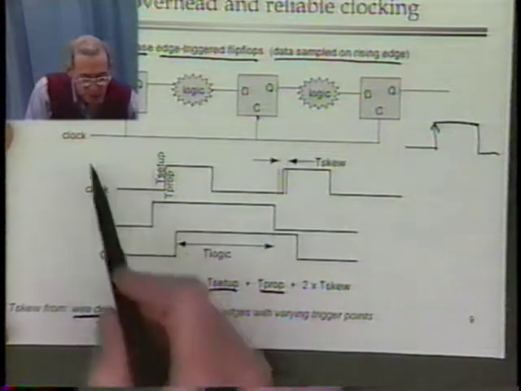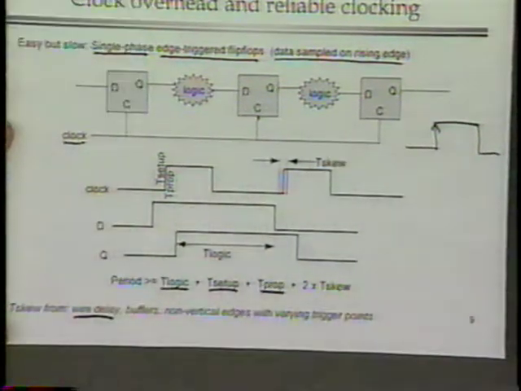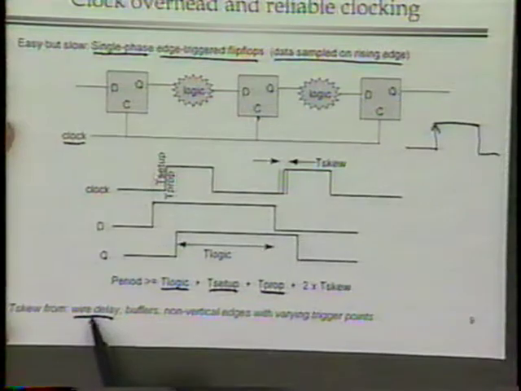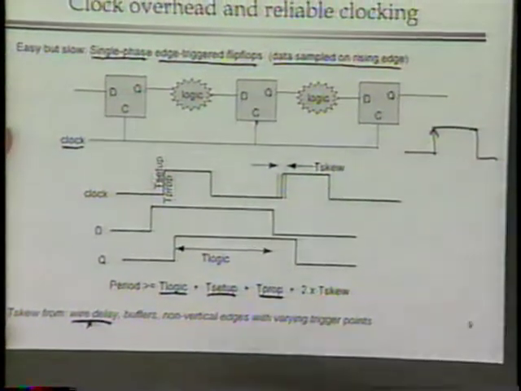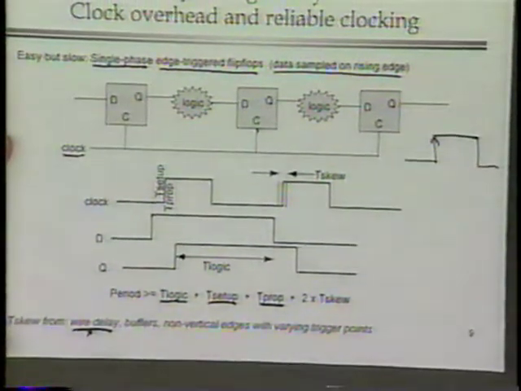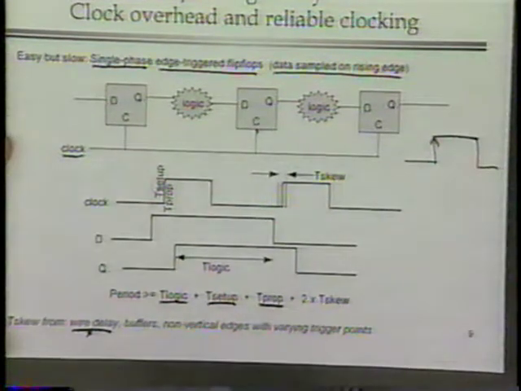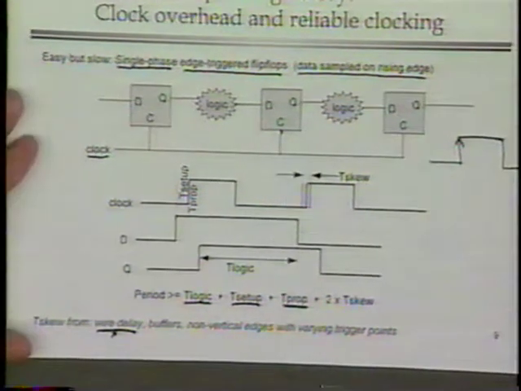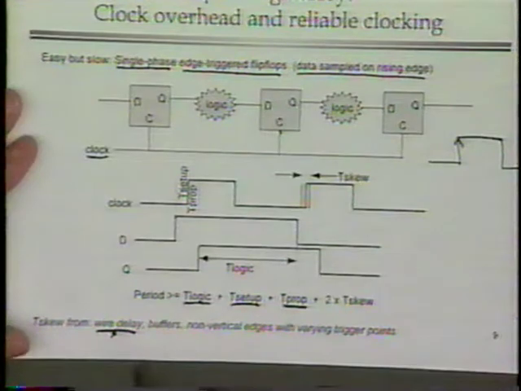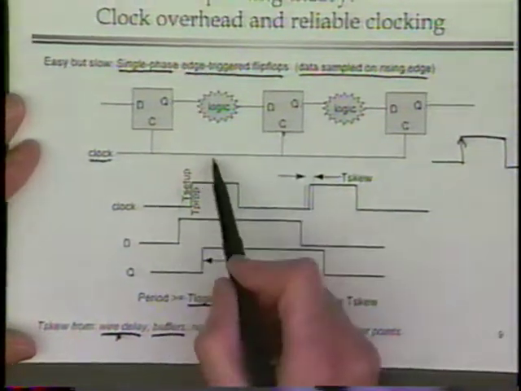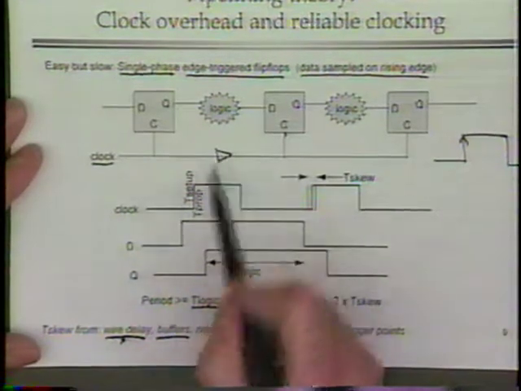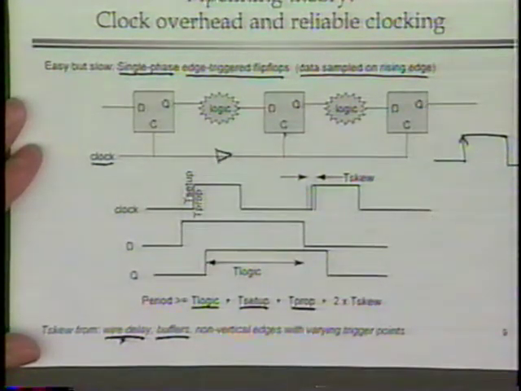Depending on how far it is from the source of the clock to the flip-flop, it may take a more or less amount of time. Wire delay is a half a nanosecond or a nanosecond and a half per foot. And although there aren't too many feet in an IC that's a few millimeters square, wire delay is still an issue. The other is buffers. Sometimes you have to, for electrical reasons, buffer the clock for a stronger signal, and those buffers take time.